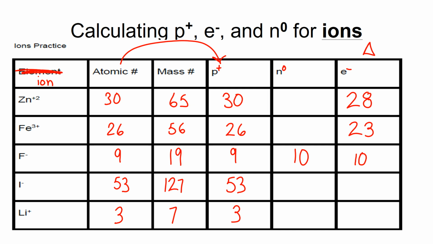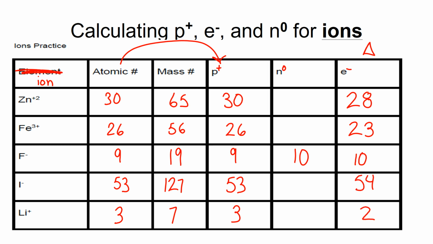Iodine has a -1 charge. So I'm going to add 1 electron. So that's going to be 54. Lithium, guys, lithium has a +1 charge. So that means I have 2 electrons.